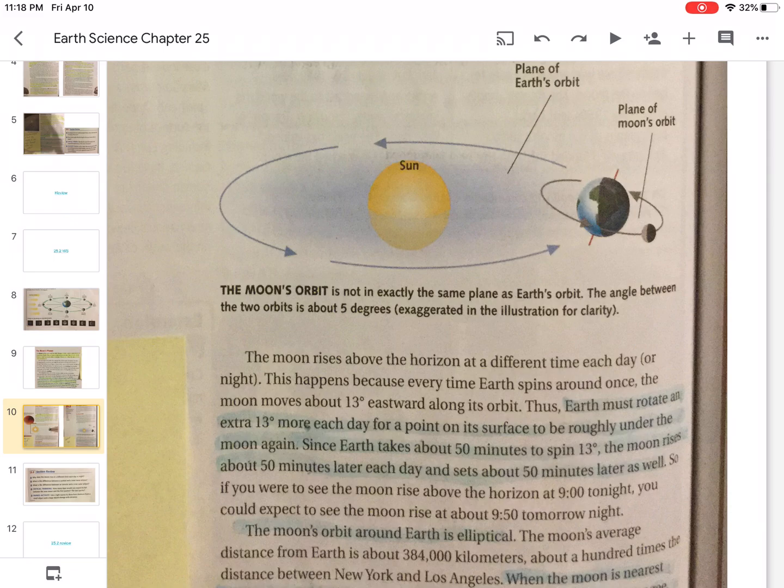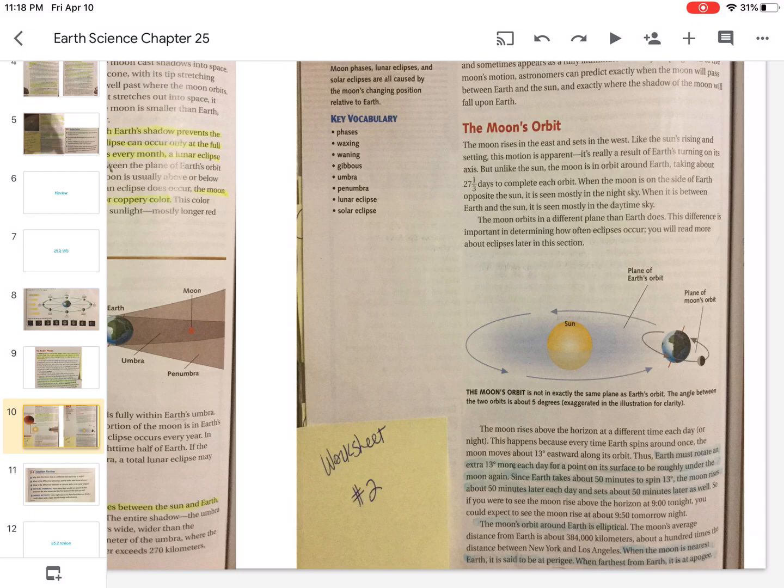Since the Earth takes about 50 minutes to spin 13 degrees, the moon rises about 50 minutes later each day and sets about 50 minutes later as well. The moon's orbit around Earth is elliptical. When the moon is nearest Earth, it is said to be at perigee. When farthest from the Earth, it is at apogee. So that is your worksheet.